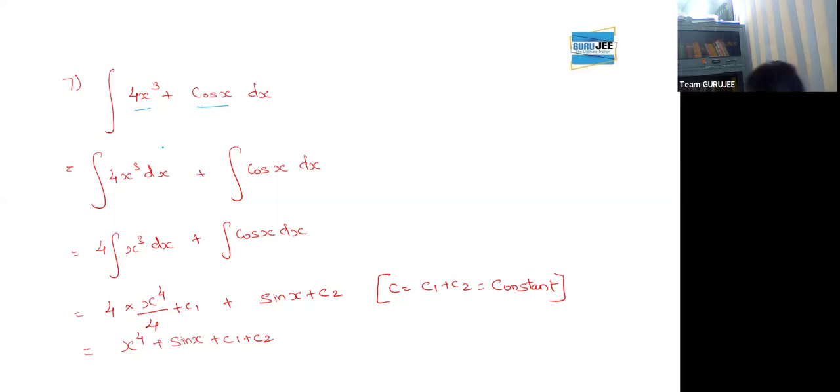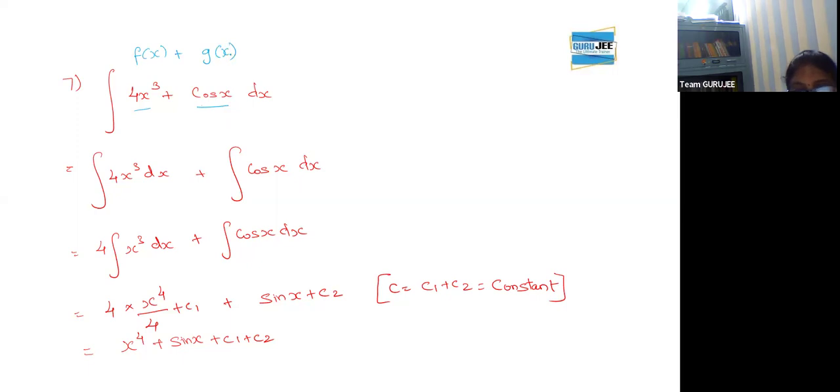Just go through the fourth rule. If two functions are given with a plus or minus in between, then the two functions can be split: f of x plus g of x.